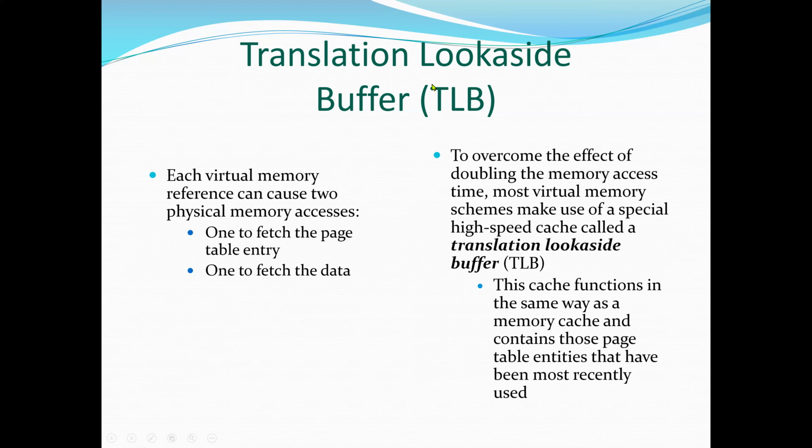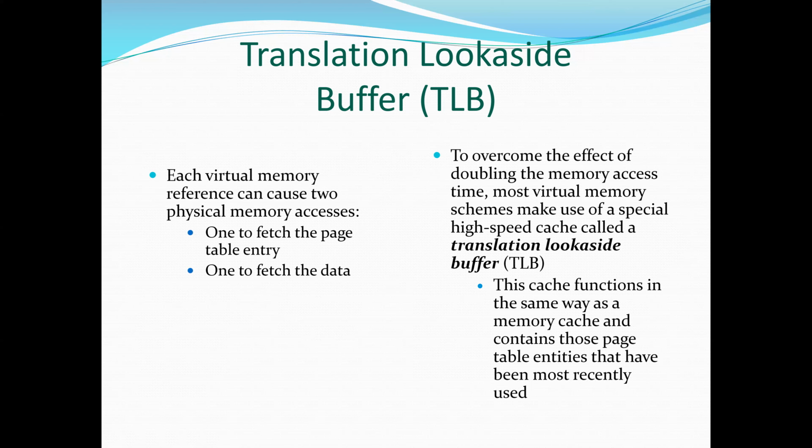This cache functions in the same way as a memory cache and contains those page table entries that have been most recently used. With a memory cache, the whole goal is to increase the speed for the CPU to access data.